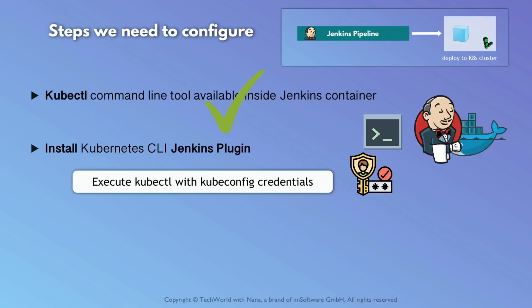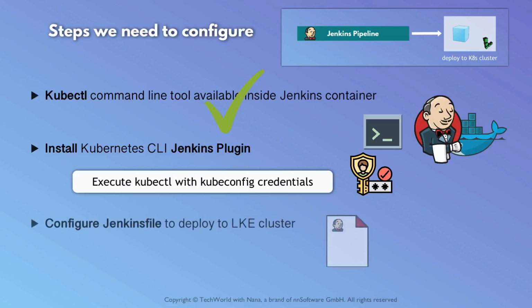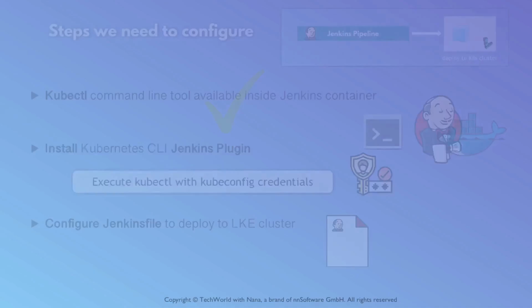Because it's a different type of config file, we can actually use that as a credential, unlike the AWS config file, which was more reliant on the authenticator in addition. So once we have that credential of the kubeconfig file, we're going to use the plugin inside our Jenkins file. So using the plugin, we can execute the kubectl command that will deploy Nginx deployment and pod inside the Linode cluster. So let's get started.